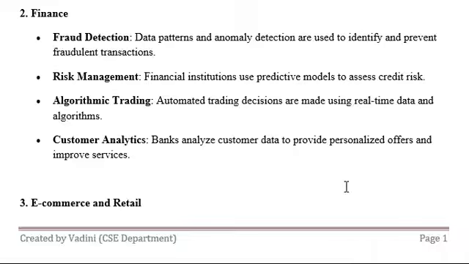Then risk management, where predictive models are used to assess credit risks. Then we have algorithmic trading, where real-time data and algorithms are used. Then customer analytics, where the bank analyzes customer data to provide personalized offers and improve services.